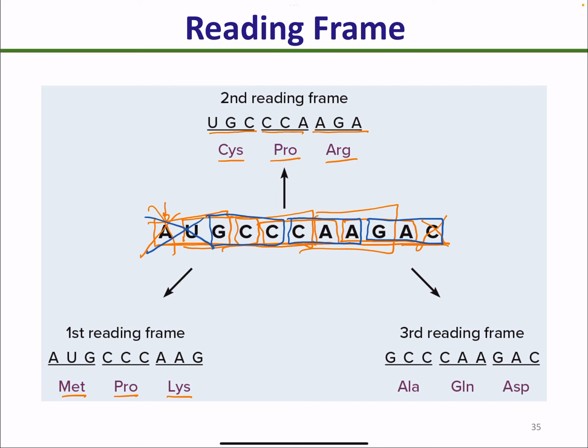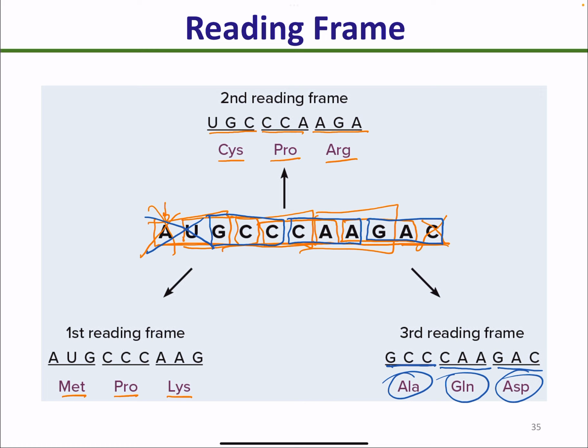This A and U are not going to account for an amino acid. So we have GCC, CAA, GAC: alanine, glutamine, aspartate. Okay, so these are the three possible open reading frames.